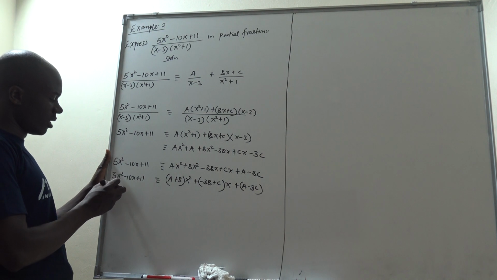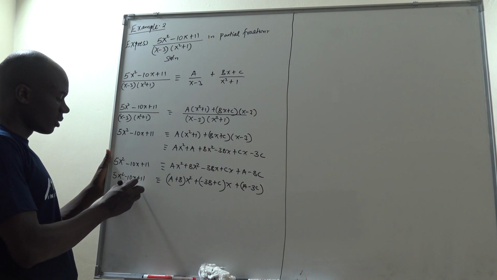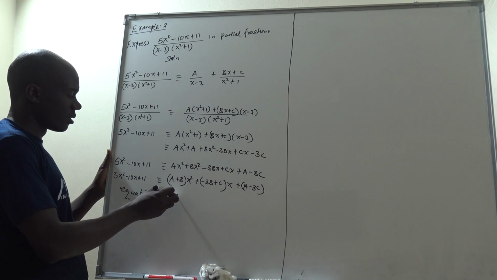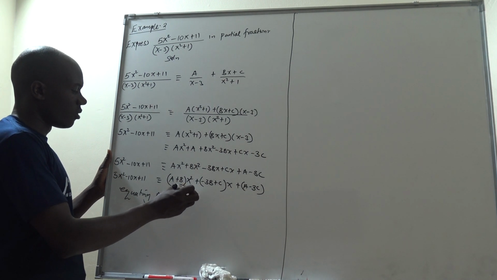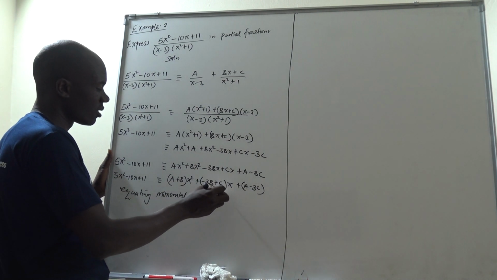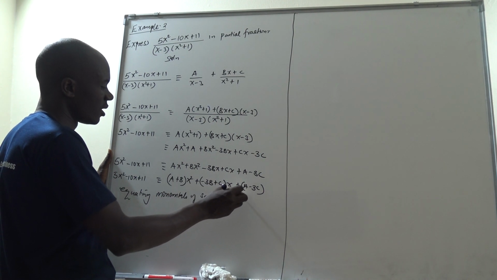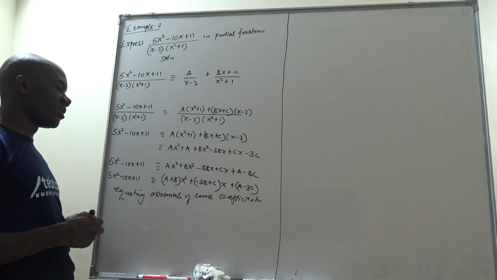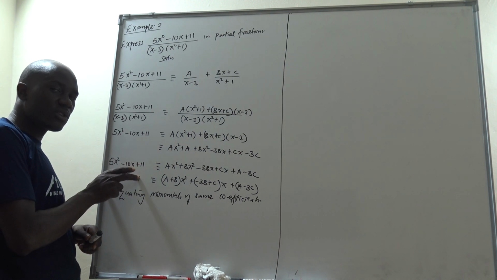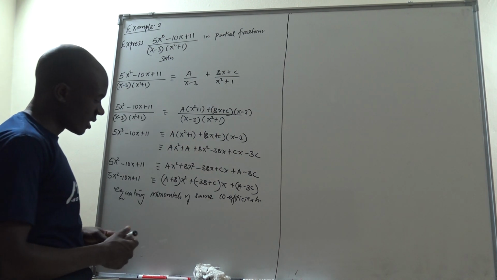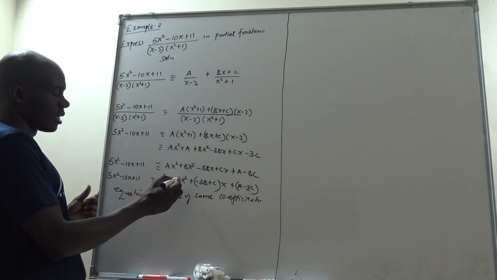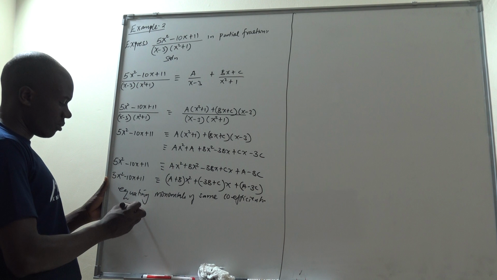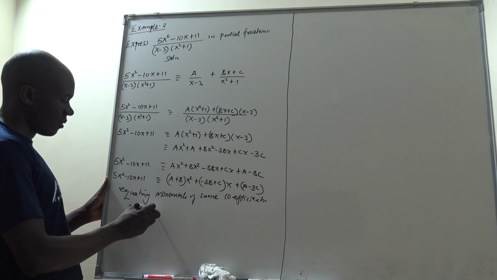So we are going to say equating monomials of same coefficients. So I want to look at those ones which bear the same coefficients, which are in the left hand side together with those ones in the right hand side. So when we start dealing with the one of x², we have got A + B = 5.